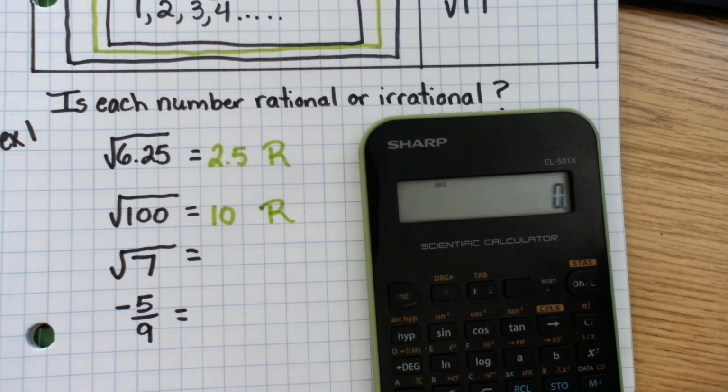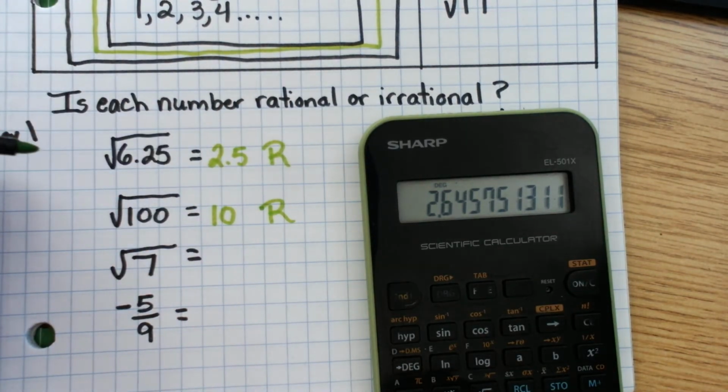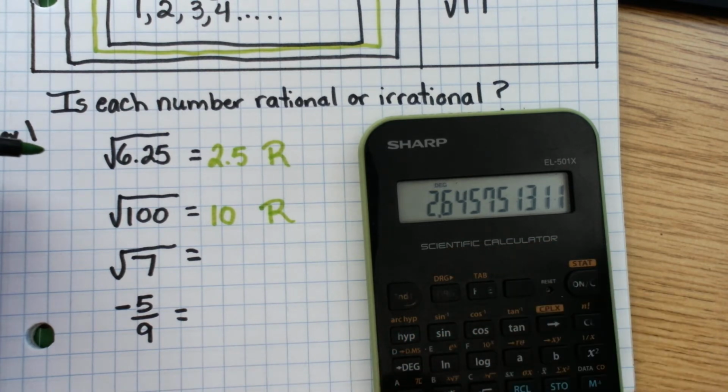Okay, square root of 7. Let's see, I'm going to go to my calculator for that because I'm not aware of a number times itself equal to 7. Oh, 2.6457513 11. Okay, so it looks like we don't get an exact answer because it's a big long decimal that doesn't appear to end.